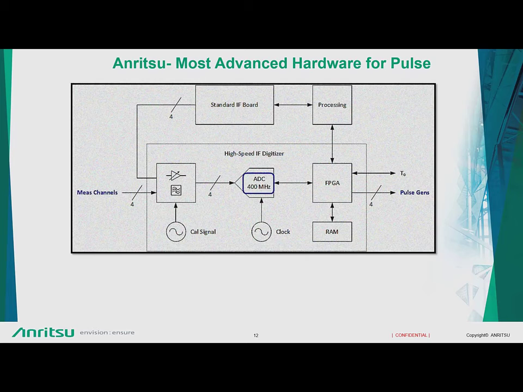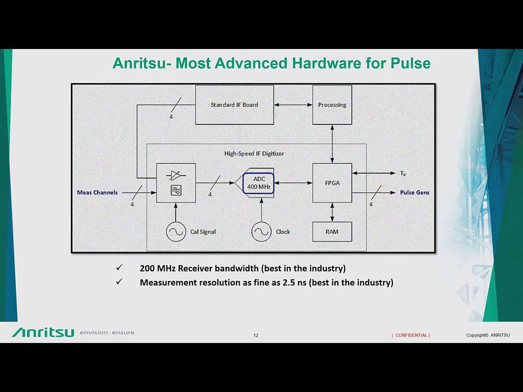Anritsu has something called an IF digitizer option, and you can see that we are using an ADC of 400 megahertz, which gives you 200 megahertz of IF receiver bandwidth. So in time we can resolve a 2.5 nanosecond kind of resolution. You can see that we have 200 megahertz of receiver bandwidth, and that gives us a measurement resolution of 2.5 nanoseconds.